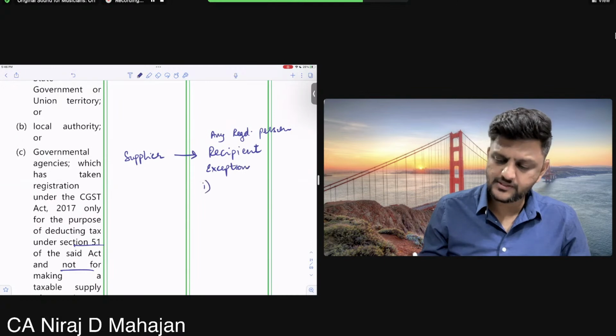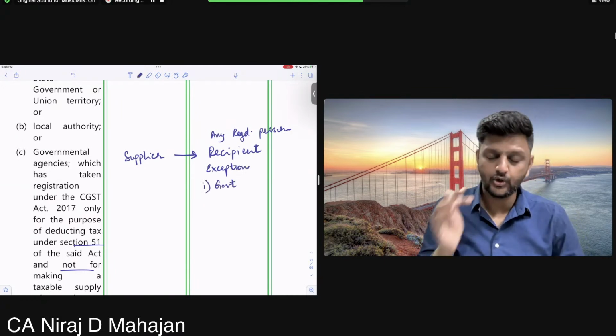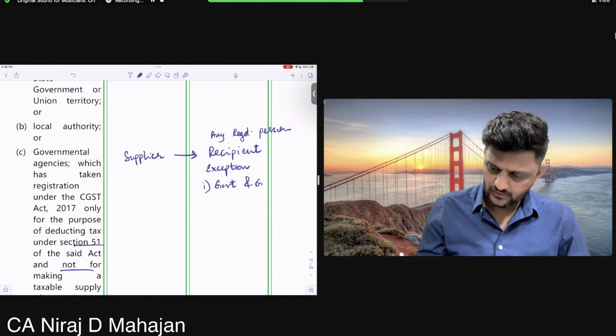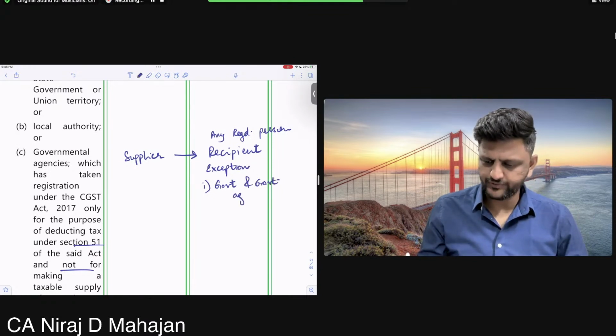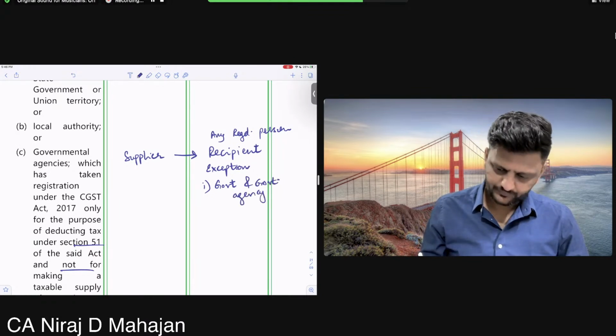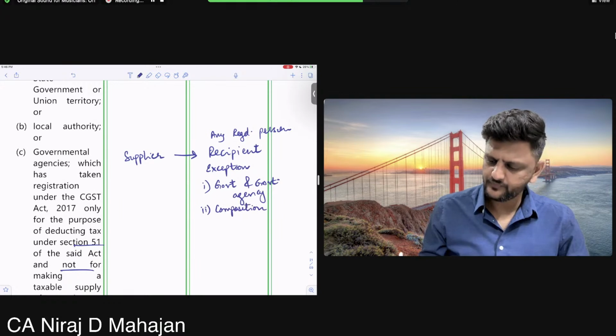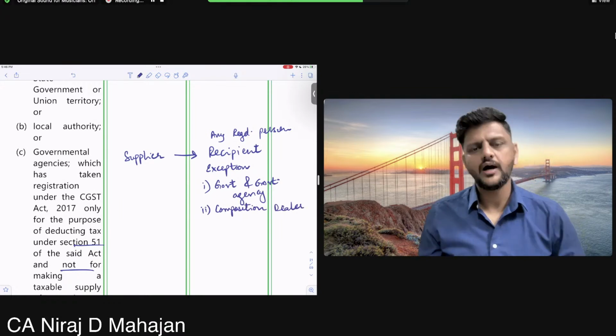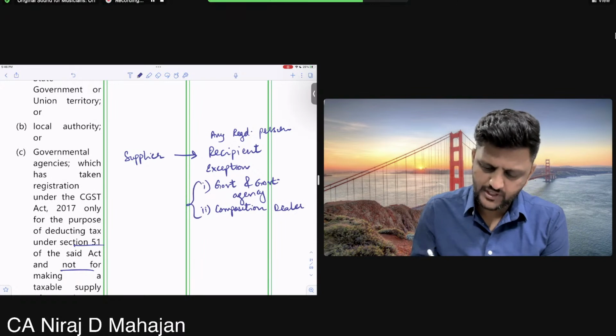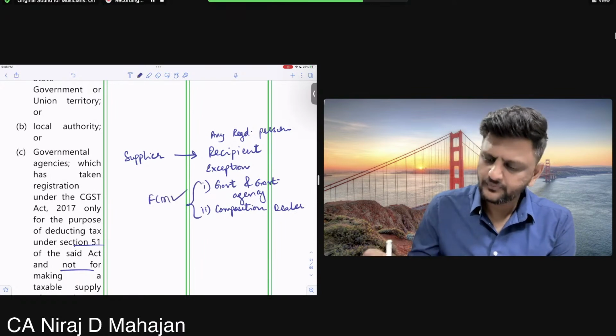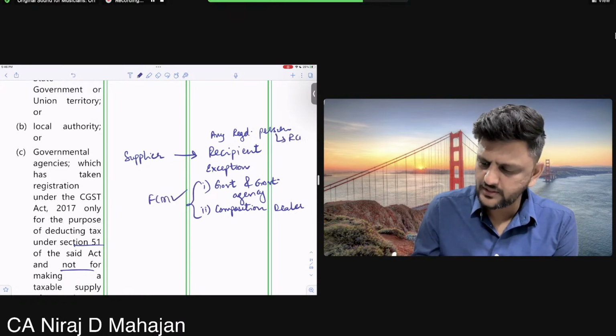I'm writing government and government agency. Those three of them, category. And second, bachcho, composition dealer. In these two cases, RCM will not apply. Forward charge mechanism. Here, bachcho, RCM.